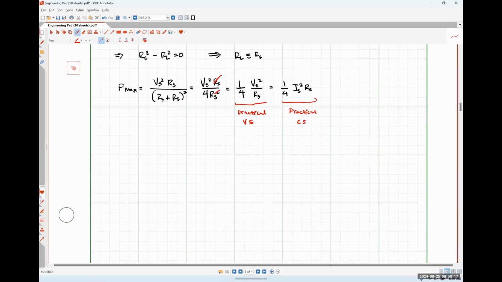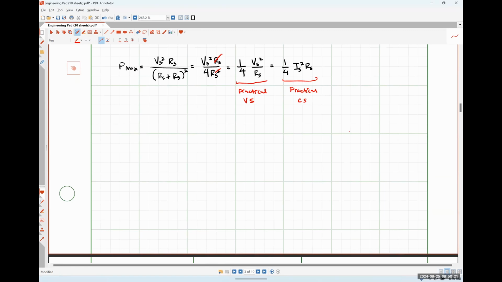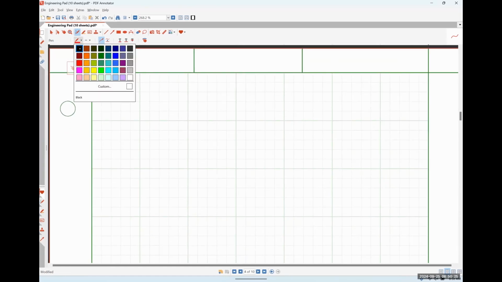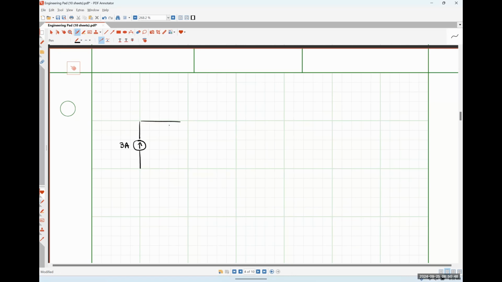Let me see if I can come up with a quick example. So I've got a relatively simple circuit here.